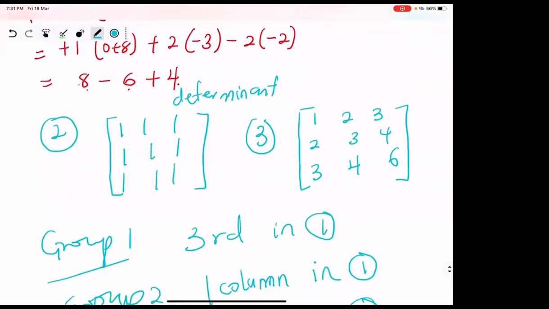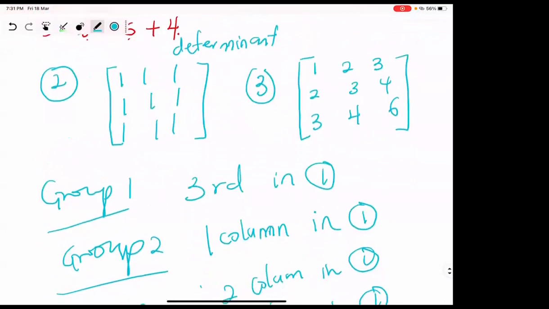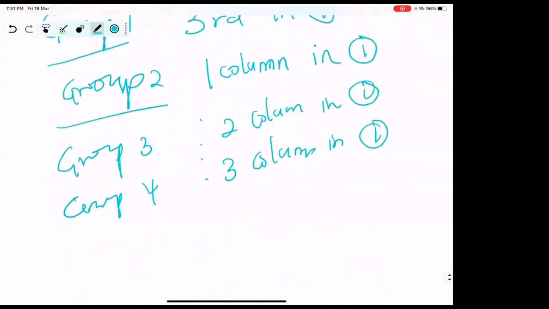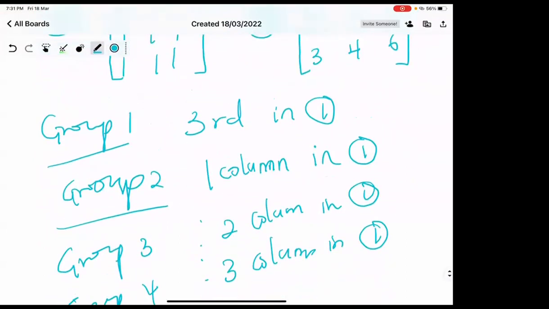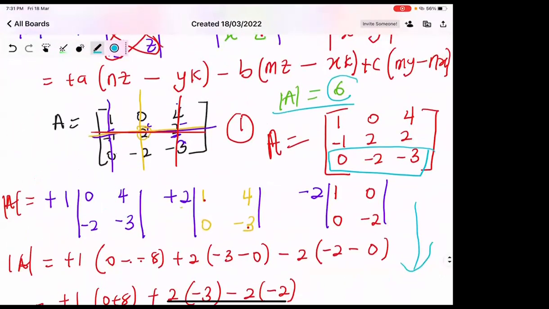Then for question 2, there is a mistake. We have already used the first row, we got 6.